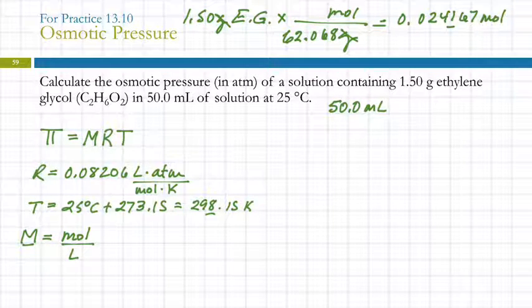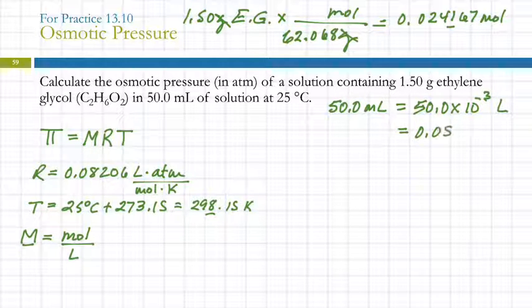50 milliliters. It is fine to convert this to liters in your head if you do it correctly. But a lot of times people say 50 milliliters is 0.5 liters, or 0.05. So it might be safer to say that's the same as 50.0 times 10 to the minus 3 liters, which is 0.0500 liters.